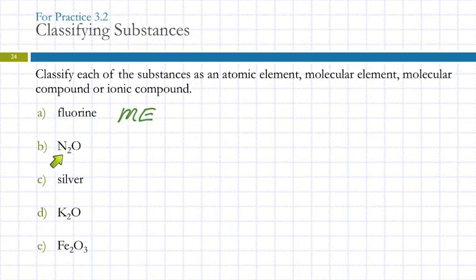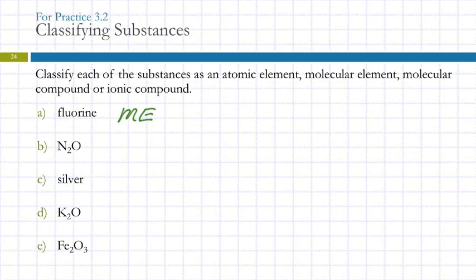Okay, this one, N2O. Is that an element or a compound? It's a compound. So here's just a trick. All element symbols start with a capital letter, and they only have one capital letter. So in this formula, there are 2 capital letters. There must be 2 elements in there. If you have more than one element, it's got to be a compound.